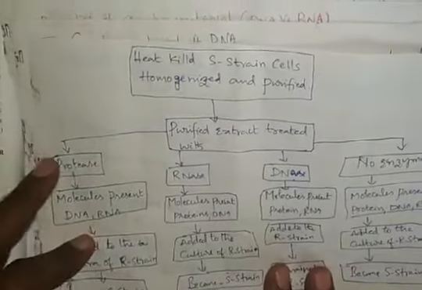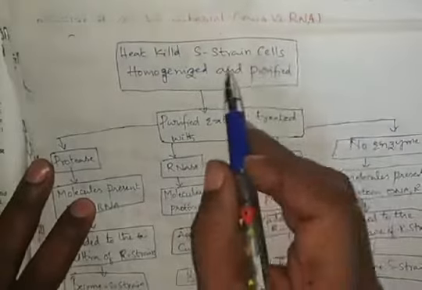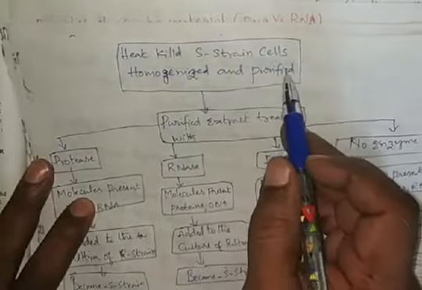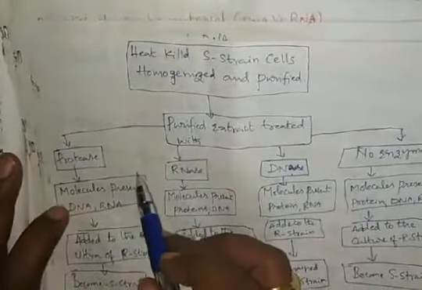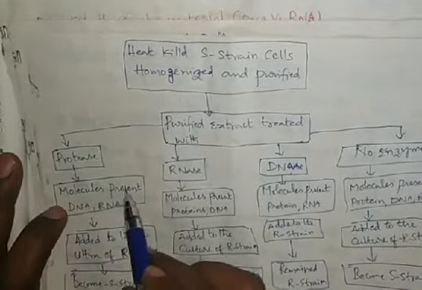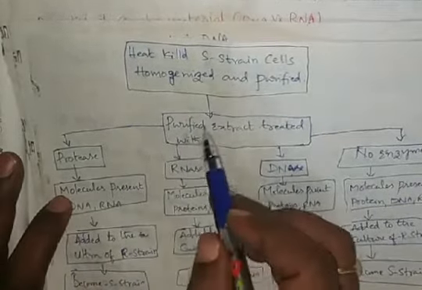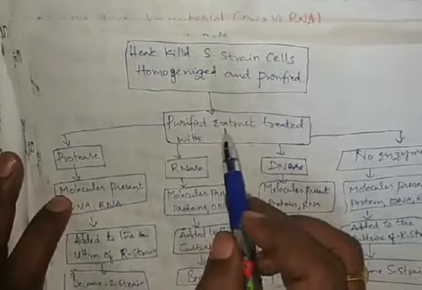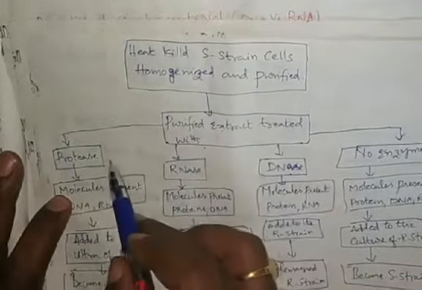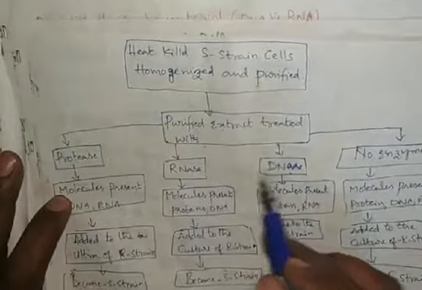Let us see the brief flow chart. Heat-killed S strain cells are homogenized and purified, and the DNA, RNA and some other molecules present are collected. The purified extract of the S strain is treated with proteases, RNase, DNase, or no enzyme.